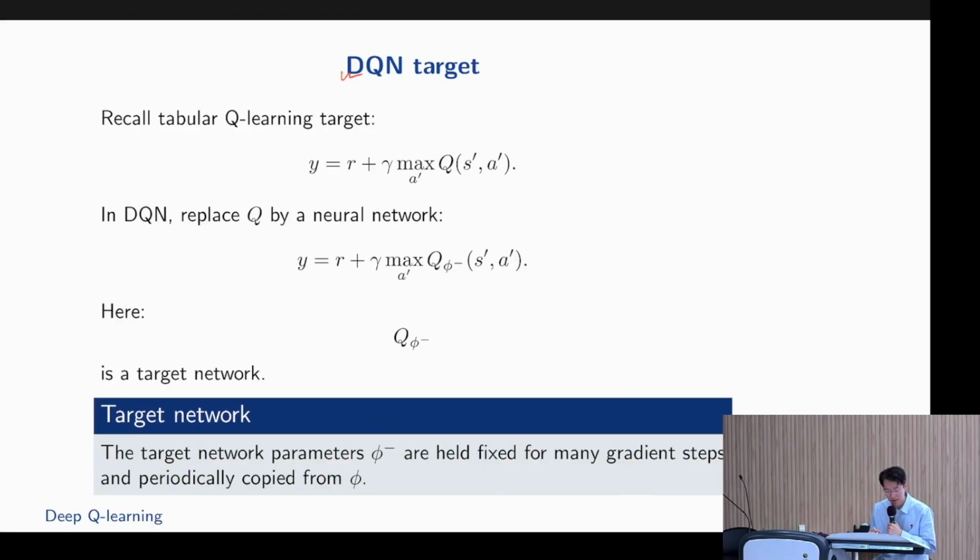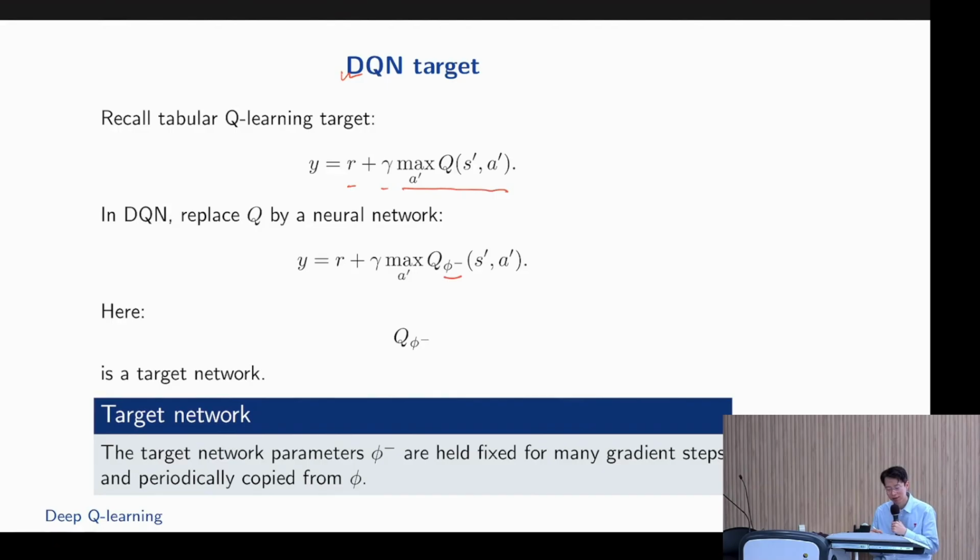If you remember, in tabular Q learning you had the regression target, which is the immediate reward plus discount times the one-step greedy Q value for the next state and next action. And in DQN, what you do specifically is you create a copy of the network. This copy, let's call it phi negative.